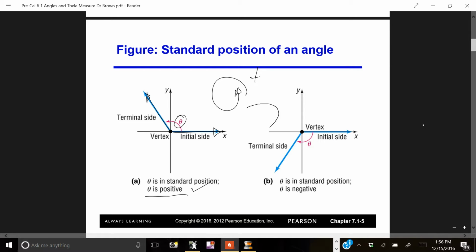If we're going clockwise, it's a negative angle. So in this case, if we have a vertex on the initial side and go clockwise, the angle is said to be negative.